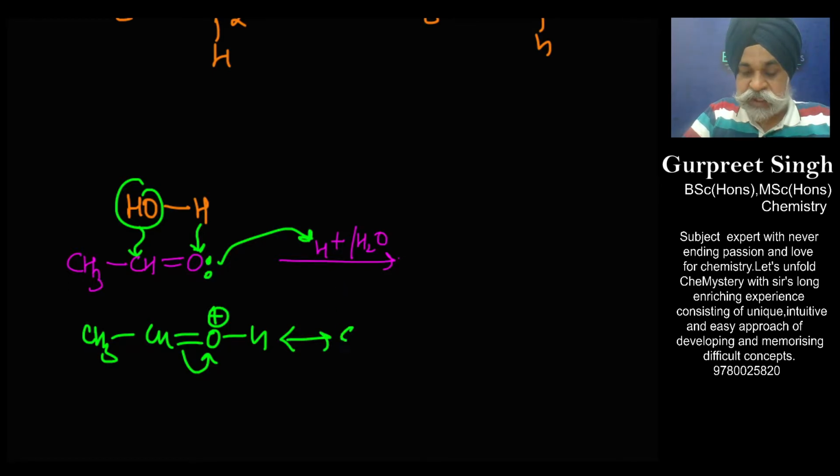Basically, when a slight amount of acid is added to an aldehyde or ketone, it increases the positive charge on the carbonyl carbon, which earlier was delta positive, delta negative. Now it would get a clear cut positive charge.